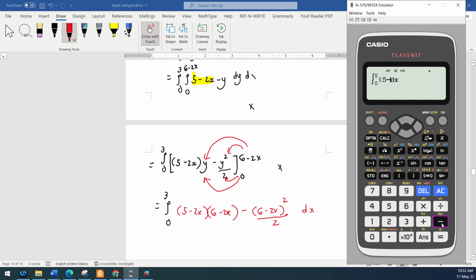So 5 minus 2x multiplied by 6 minus 2x, so minus, I got 6 minus 2x, then it will be squared, limit from 0 to 3. The answer is, why do I get the answer 9?